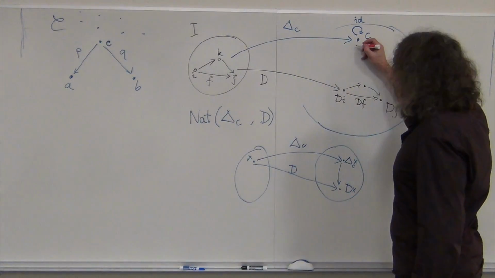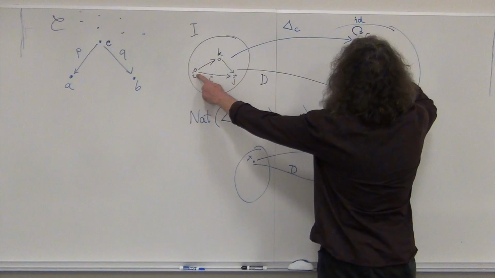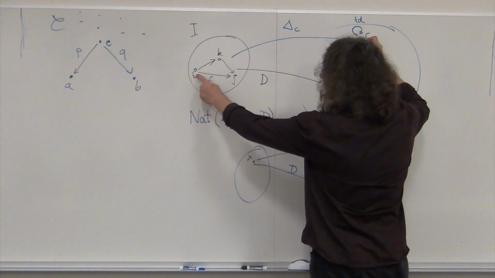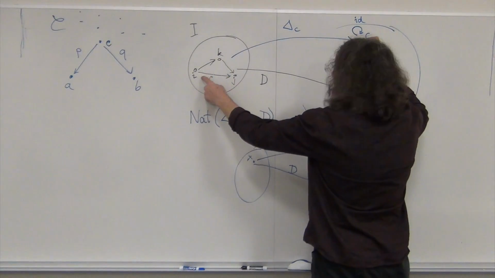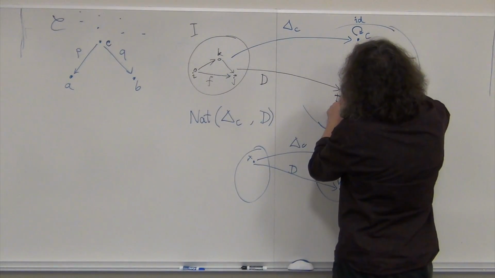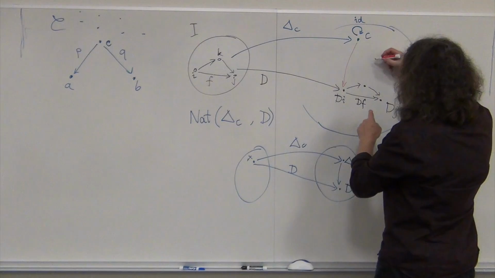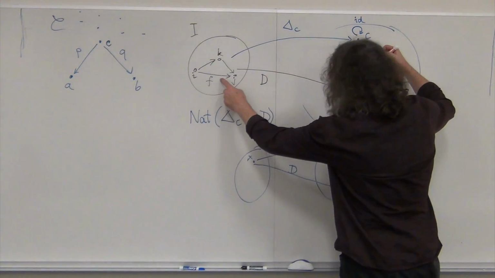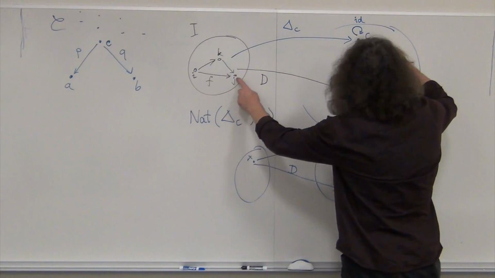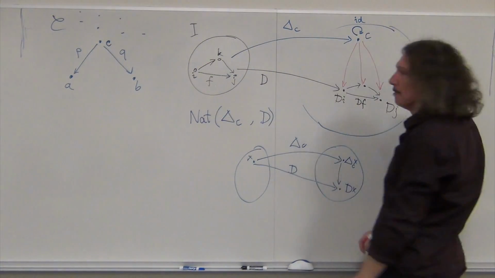So for I, we'll connect C, because I is mapped to C using delta C, to DI. So we'll get this guy, right? And for K, we'll get this guy. For J, we'll get this guy, right?